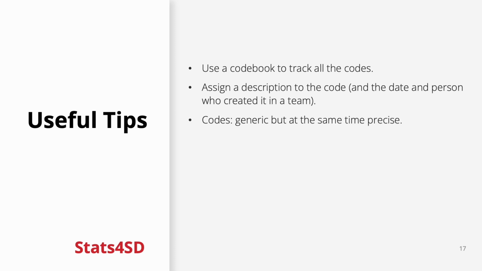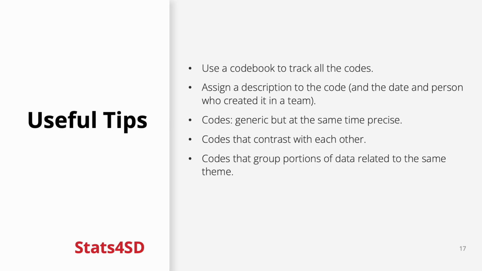It is important to create codes that are generic enough to be applicable to multiple data excerpts, but at the same time precise enough for the process of analysis. It is helpful to have codes that contrast with each other, with a view to having the positive and negative aspects of a topic or theme.